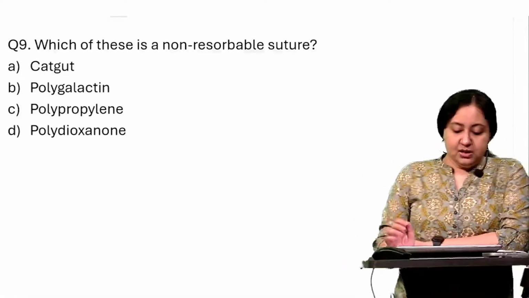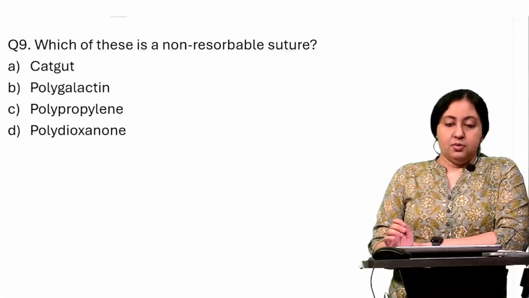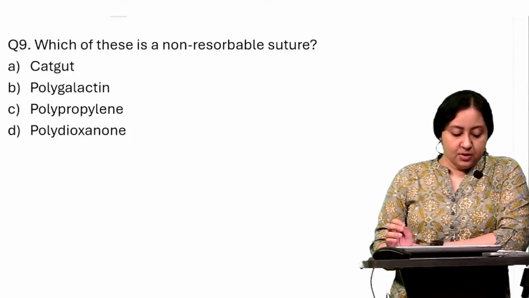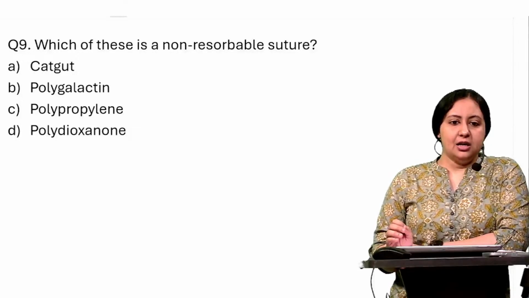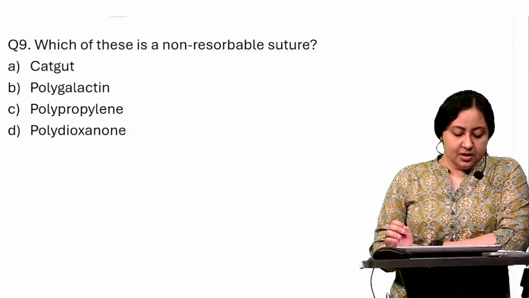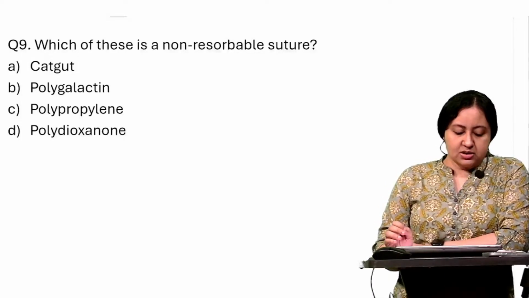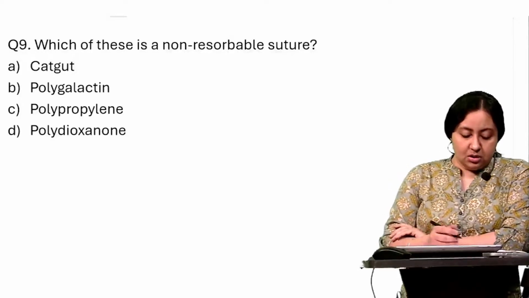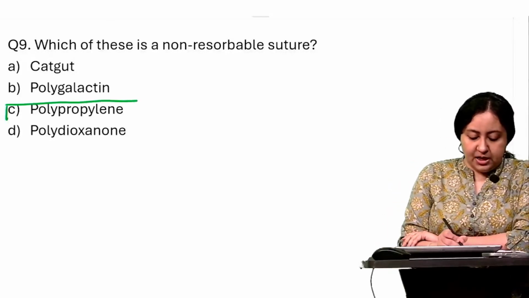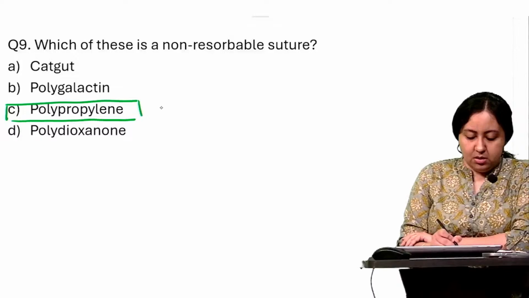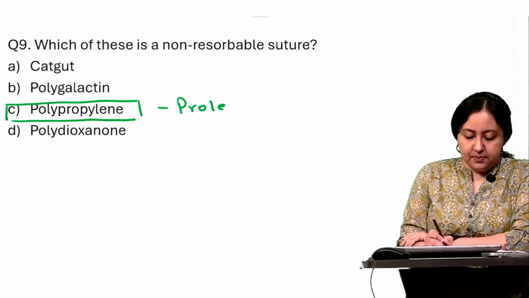Now, which of these is a non-resorbable suture? Option A is catgut, B polyglactin, C polypropylene, D polydioxanone. So the answer is polypropylene, also known as Prolene.